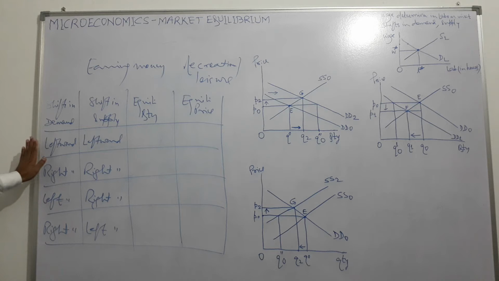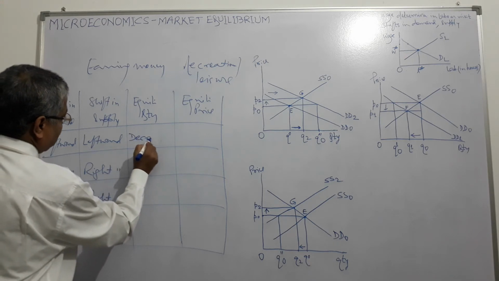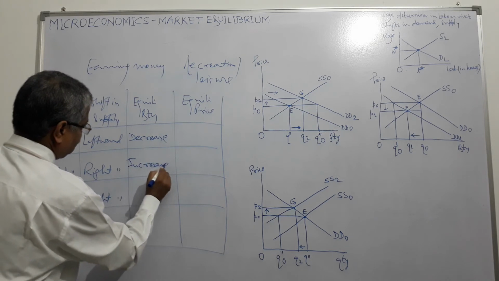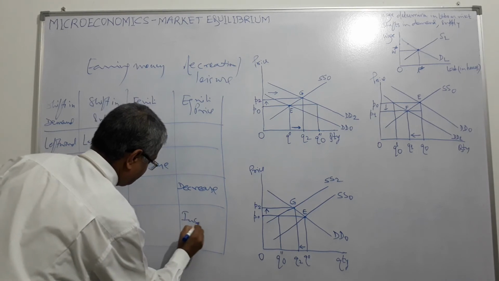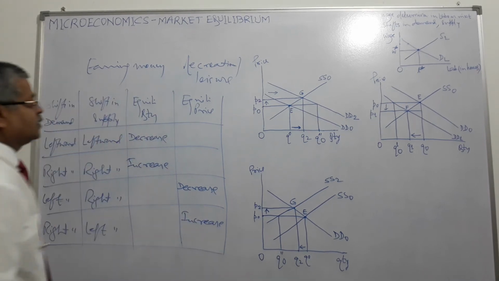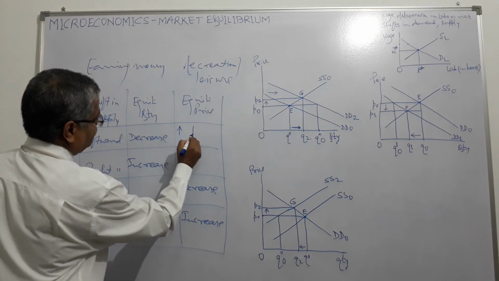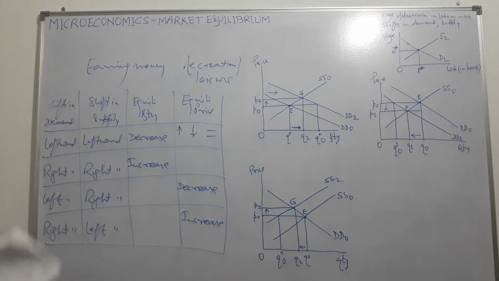When leftward, leftward, you can remember it like this: left, left, right, right, left, right, right, left, right? And it's very simple: decrease, increase. And here it may increase, may decrease, may remain the same, right?